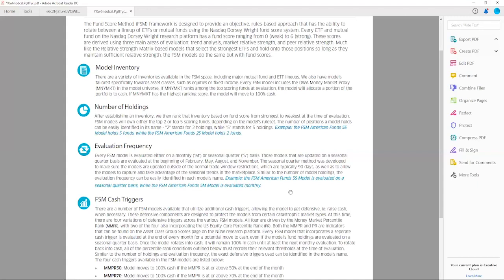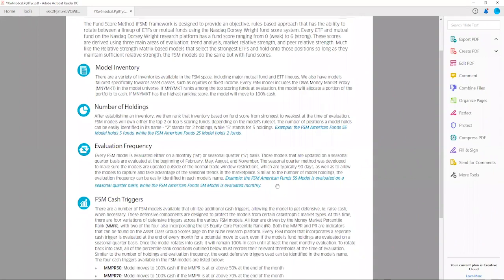Moving forward to our evaluation frequency, we have M for monthly or S for seasonal quarterly. And this harks back to what Steve was talking about with regard to playing these seasonal periods in the market, which will occur from an evaluation standpoint in February, May, August, and November.